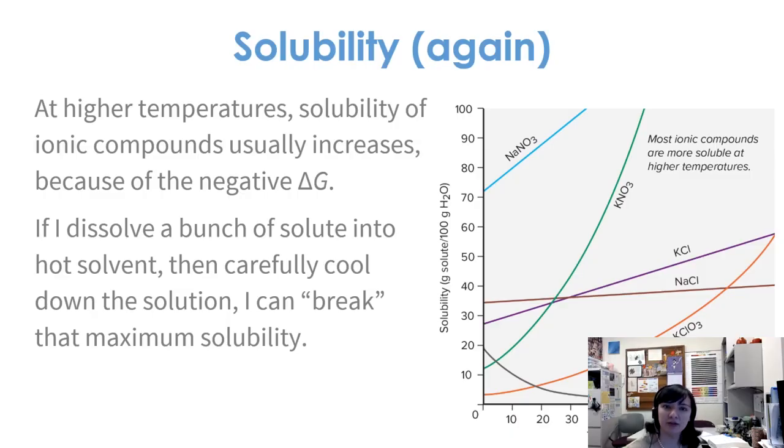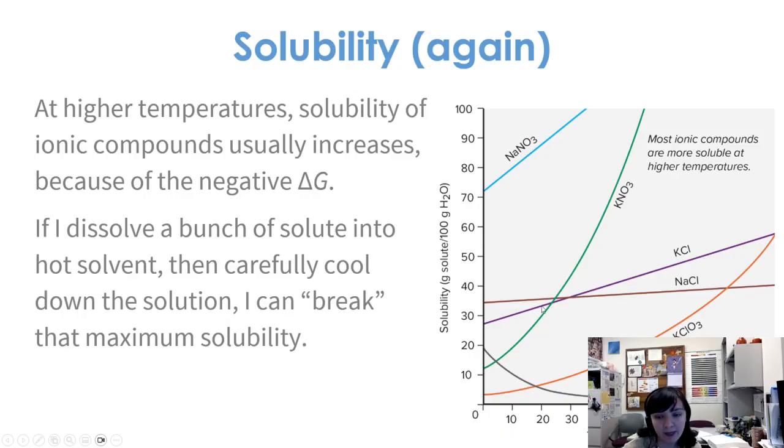We can take advantage of that fact and make a solution that breaks the rules of solubility. For instance, let's say I have a solution of potassium chloride, which is this purple line here. Maybe I make a saturated solution of potassium chloride at 70 degrees Celsius, so right around here, maybe about 50 grams of KCl dissolved into 100 grams of water. I could then lower the temperature very gently, maybe to 20 degrees C on this curve.